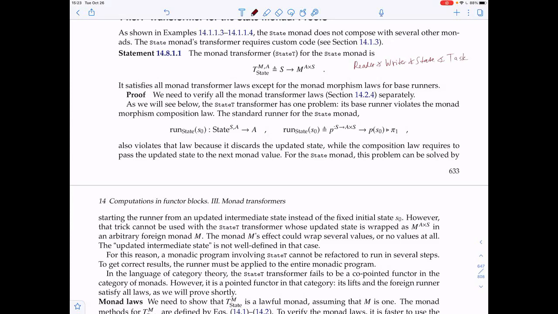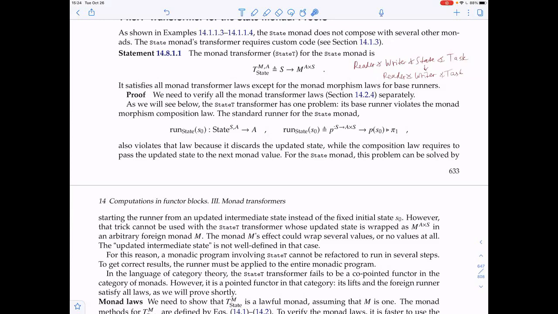Now, suppose you wanted to run just the effects of the state monad and run this into reader, writer, task. For this, you need the base runner for the state transformer, because state here serves as a base monad for this transformer.